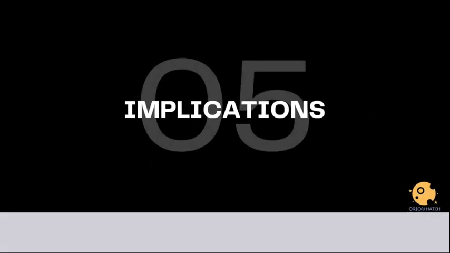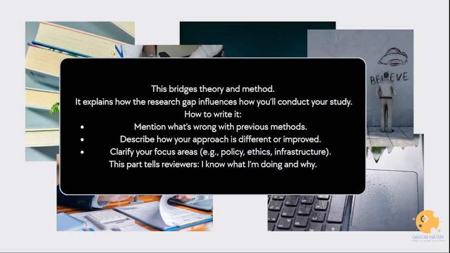Now for part 7, our implications. Implications are the link between theory and method. This section explains how the gap you found influences your research method.